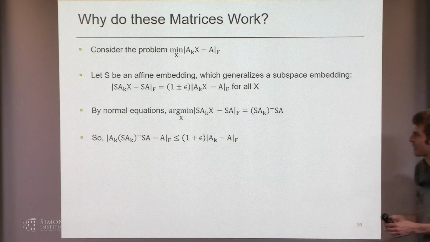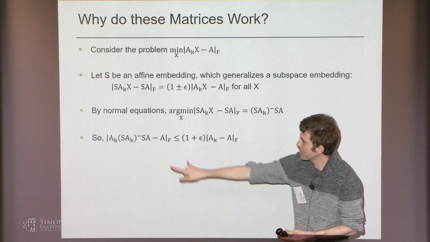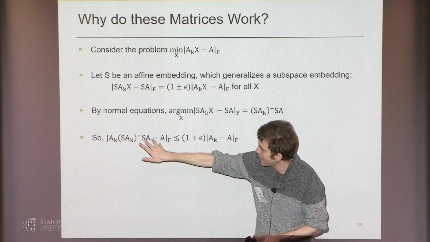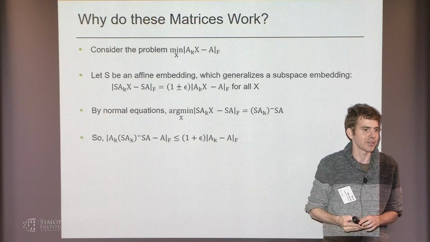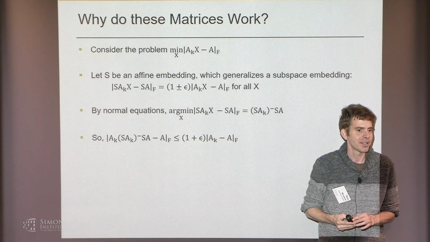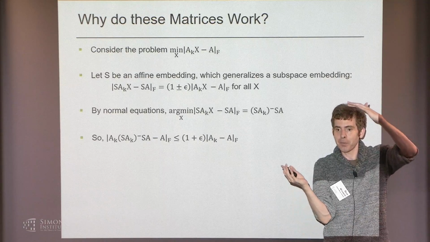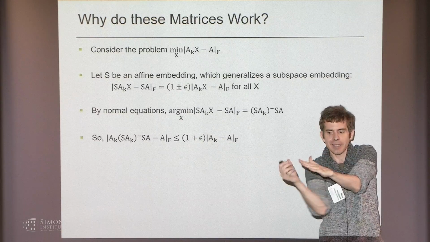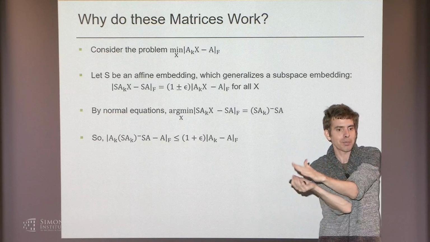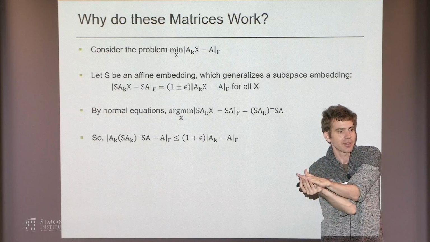So what does that mean? Look at this equation. It says, here's a rank K matrix. It's inside of the row span of SA, and it's giving me a 1 plus epsilon approximation. So it does make sense to take my rows of A and project them onto the space S times A, because I know inside of there's a good 1 plus epsilon approximation.